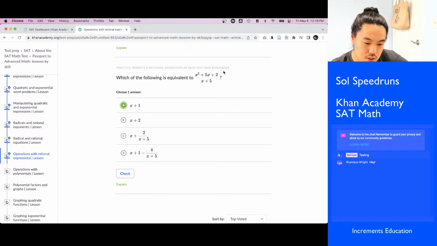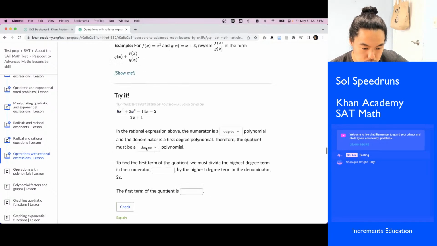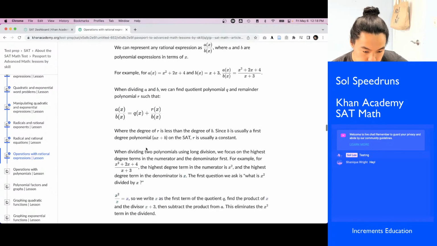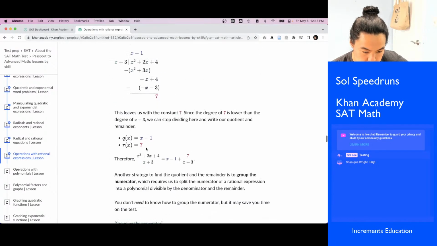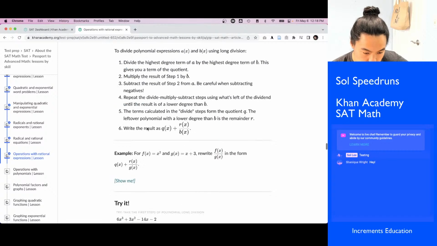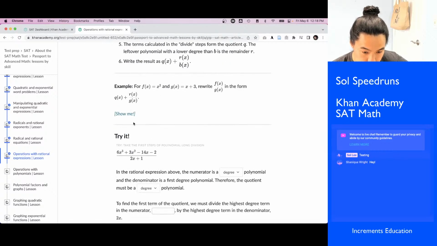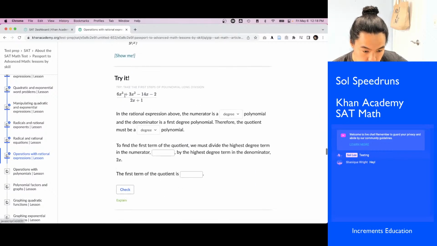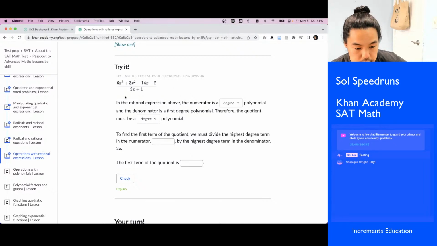So that'd be x plus 2 over x plus 5. Yeah, that's definitely C. Oh, so this is what I was talking about over here? Long division? Let me go look at this long division example. Where was this long division example? Okay, here. What's 2x plus 1?